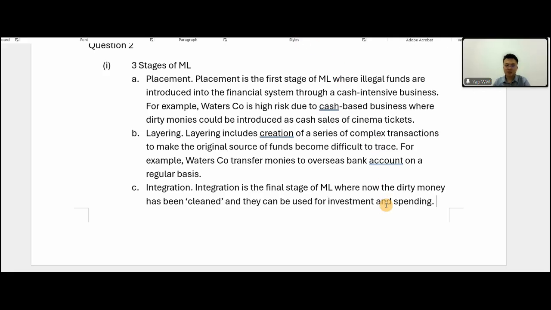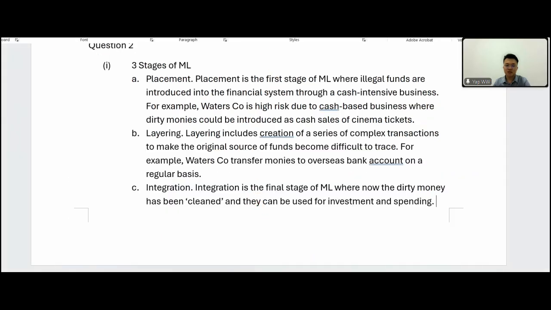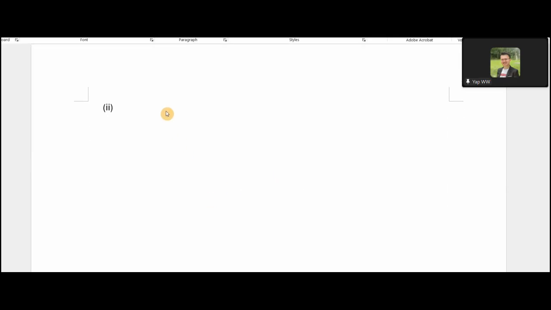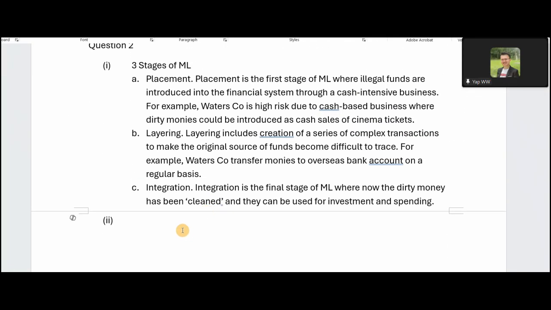Now, the part 2 question is about 4 elements of anti-money laundering. That will be something to do with CRIM. Okay. So I will just jot down the answers over here. For part 2, it is relevant to the 4 policies. So first of all, I would like to write client due diligence.